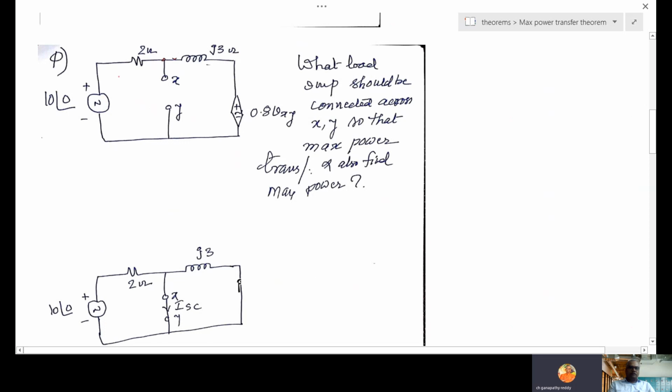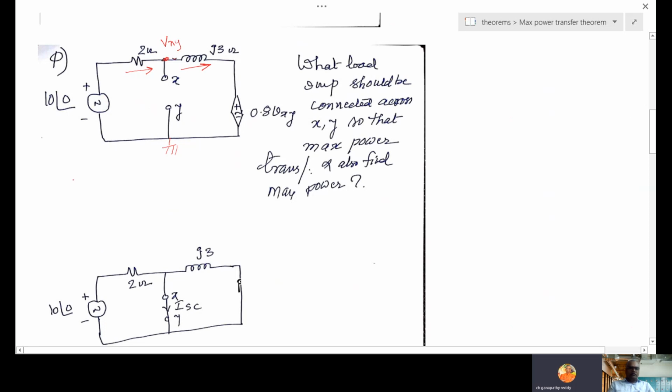To find the open circuit voltage, I can apply nodal analysis. This current is equal to this current, I can assume. And if this is VXY, the other node is ground anyway, so the voltage here is VXY.